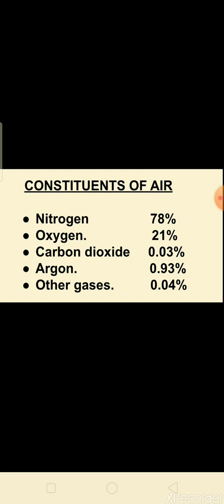As a result, the sea level rises, causing floods in the coastal areas. There may be drastic changes in the climate of a place, leading to extinction of some plants and animals in the long run.